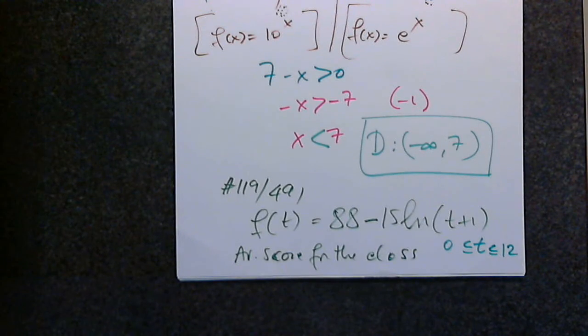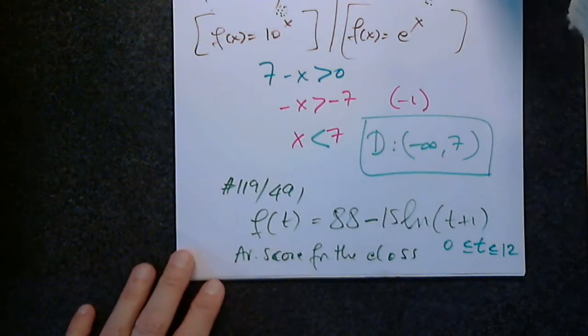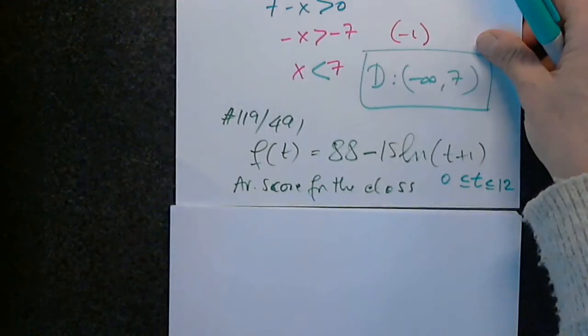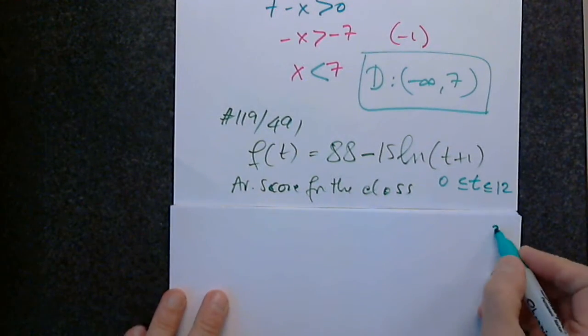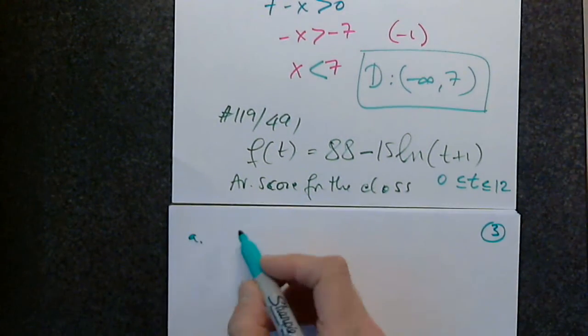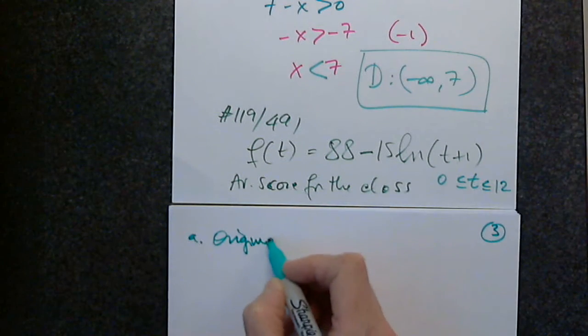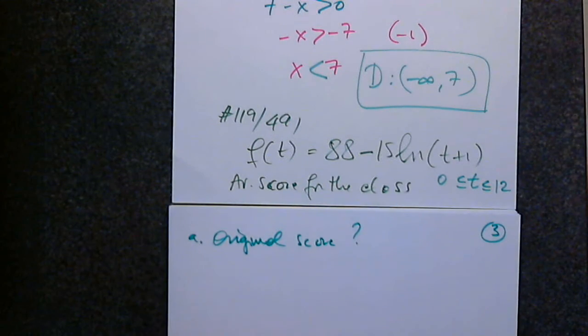What was the average score on the original exam? What am I asked to do and how do I get it? So part A, original score. How do I determine the original score? When we talk about original or initial, what do we really have in mind?